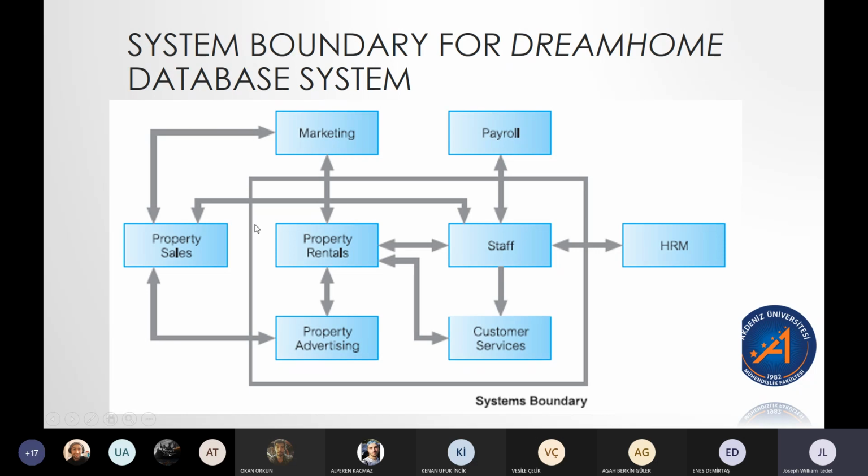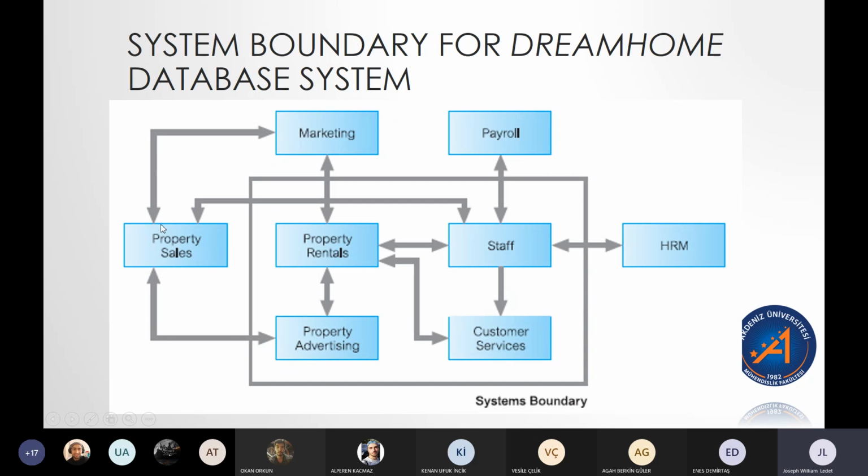We're mostly concerned with property rentals, property advertising, and customer services and staff. This is what we're mainly concerned with, so inside of this gray box is mostly what we are concerned with. We acknowledge that there are other things outside of this that may impact our system, but we are not in charge of developing the stuff related to that.